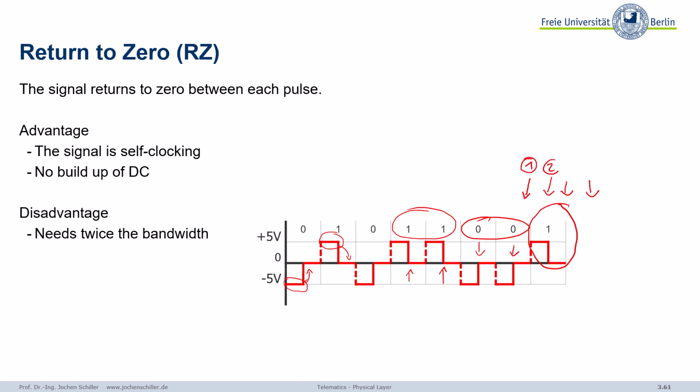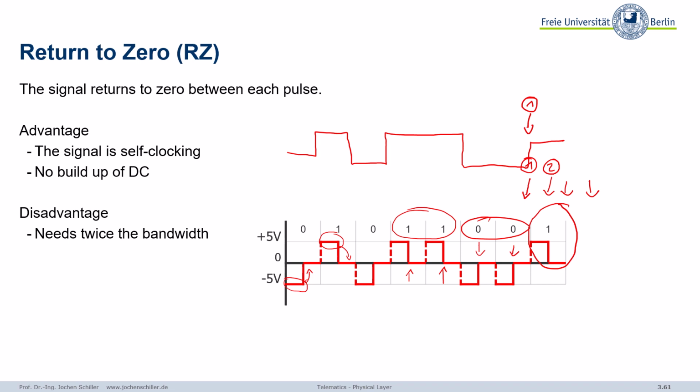If you compare this with a non-return to 0 code, this would be 0, 1, 0, 1, 1, 0, 0, 1. We only have 1 transition per bit. So 2 transitions per bit. That means we require twice the frequency to represent this signal. That means we need twice the bandwidth, following Nyquist.